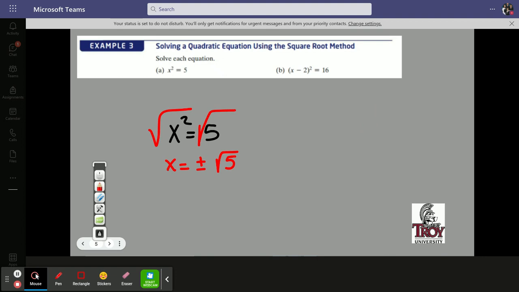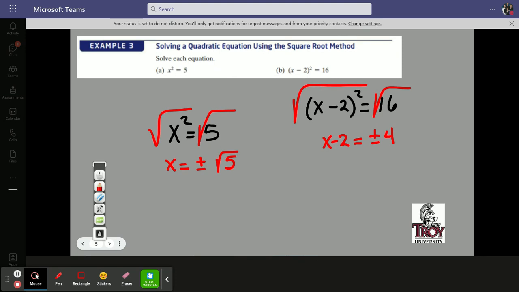All right, what about if I have x minus 2 squared equals 16? This time when I take the square root of both sides, the square and the square root are like plus and minus. They're going to wipe each other out. So over here, I've got x minus 2 left. Equals plus or minus, right?